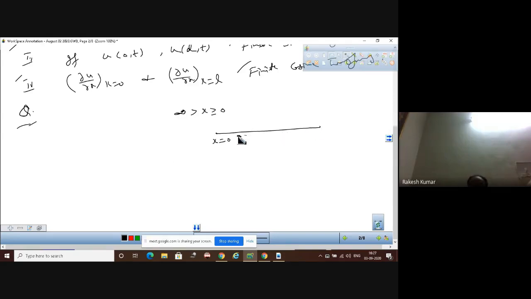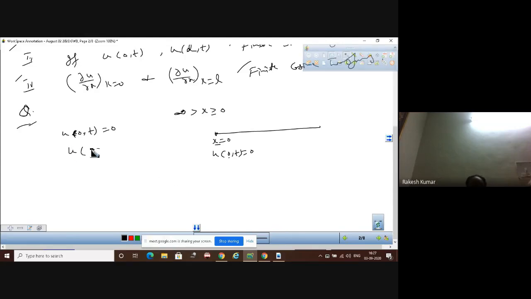So we are given that at x equal to 0 the temperature is 0, meaning u is equal to 0. So this is the condition we have: u(0,t) is 0, where this 0 stands for x equal to 0. And the initial distribution of the function is f(x).